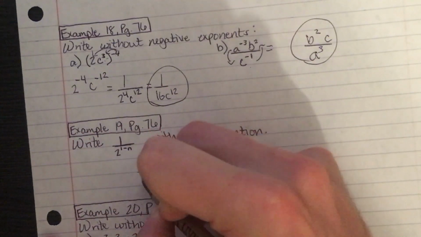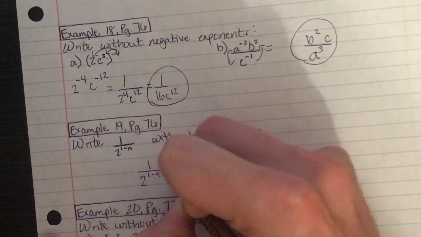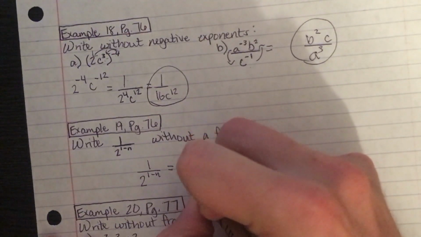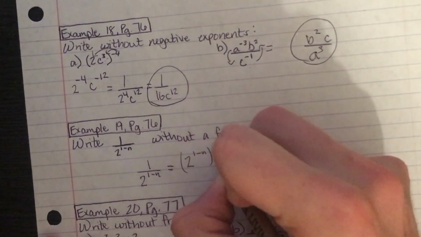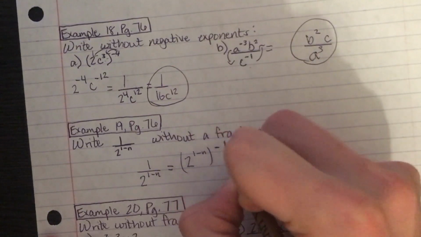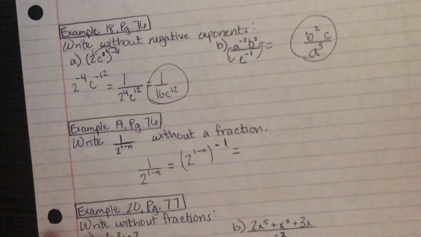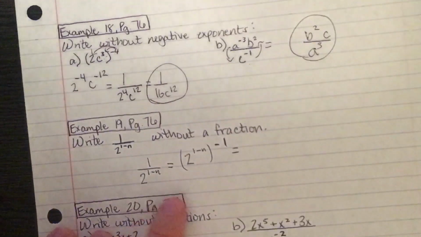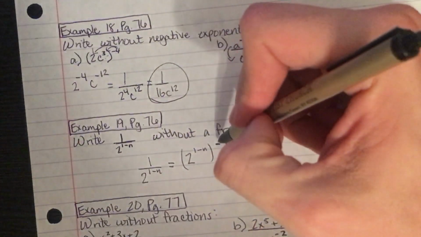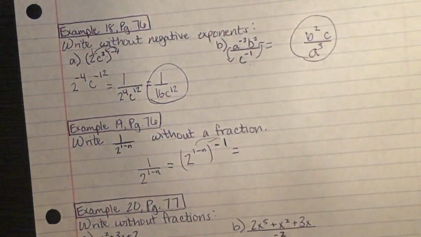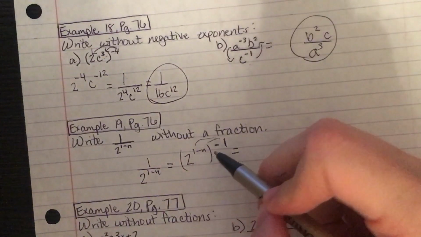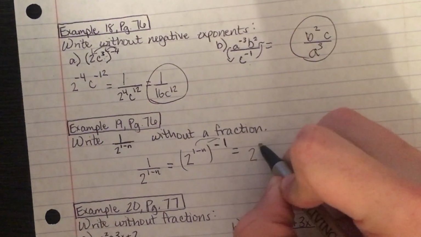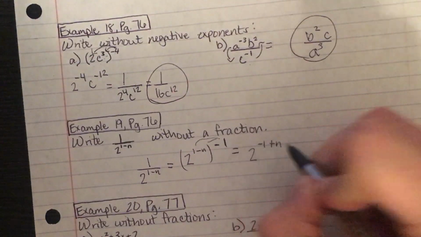So we're going to say 1 over 2 to the 1 minus n is equal to 2 to the 1 minus n, to the negative first power. And what we can do is distribute this. If we decide we'd rather work without fractions, we can say 2 to the negative first power, well, that's going to be 2 to the negative 1 plus n.